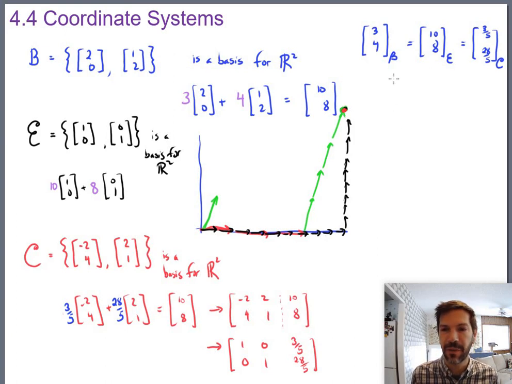Eventually, we are going to want to be able to go right from basis B to basis C without having to take a stop in the middle for basis E. But that is a different day. That's not 4.4. We do have a little more to talk about in 4.4, but we'll do that in the next video.